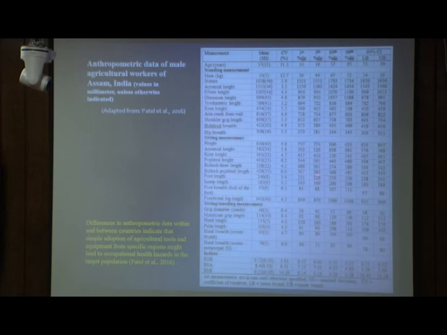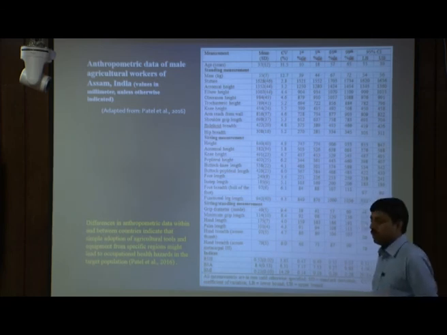So from the data set, we can see that stature or standing height is 1628 millimeter, and as the data is following normal distribution, we can easily calculate the 1st percentile, 5th percentile, 90th percentile and 99th percentile, and those data we can use as per our requirement.